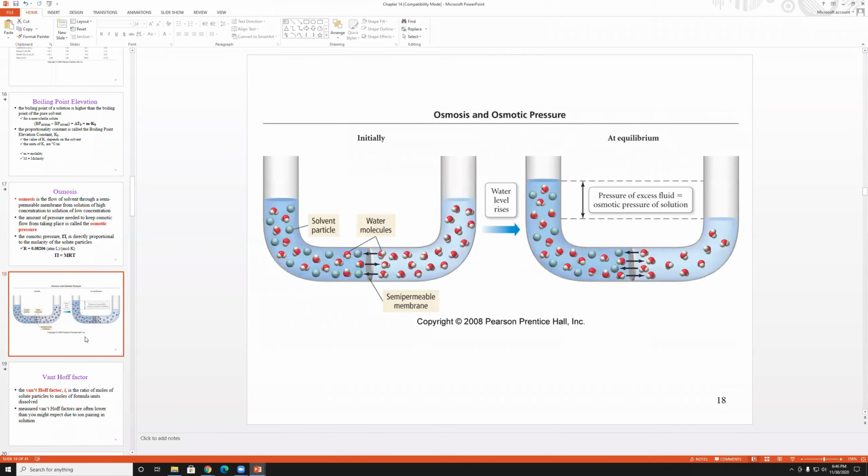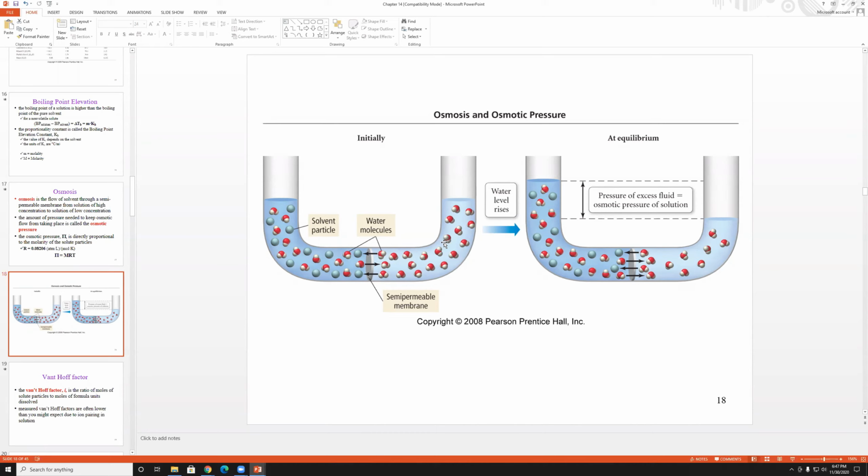Now let's look at osmotic pressure. So at first, initially, all the solute particles are on the left side. And naturally, what wants to happen is you have some osmotic pressure where the water molecules want to move from high concentration to low concentration in order to equilibrate the concentrations.